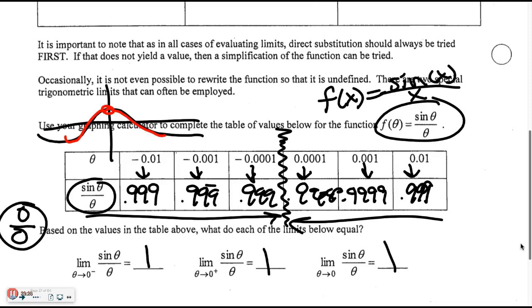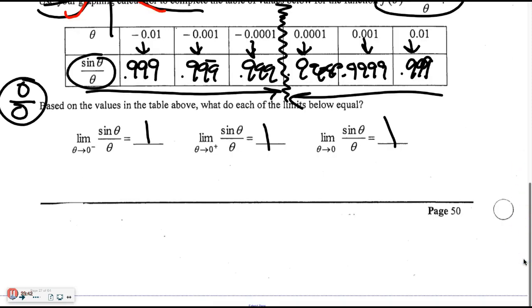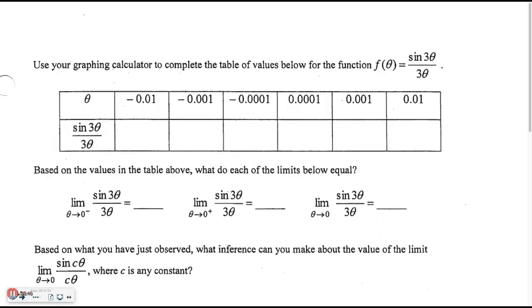Your calculator will not show the holes, right? You can't see it. And take a look. Guess how high up this is based on my table? 1. Okay? So that is not a proof, by the way. That's an observation. We will prove this later. We just don't know how yet. So you're just going to have to trust that it is 1 for sure.